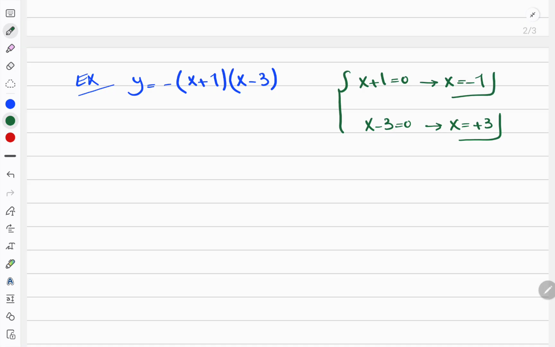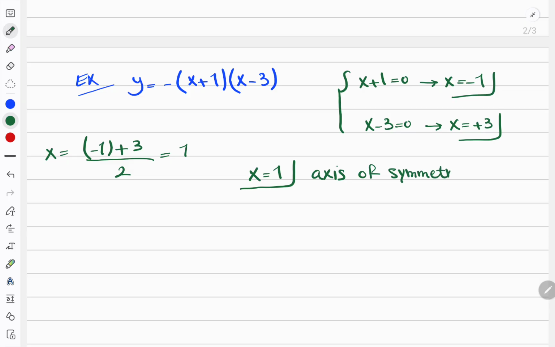These are the 2 x-intercepts. And then we need the vertex, the x-coordinate of the vertex, which is the average of negative 1 and positive 3. 2 over 2 is 1. So x equals 1 is the axis of symmetry. And the x-coordinate of the vertex is 1.